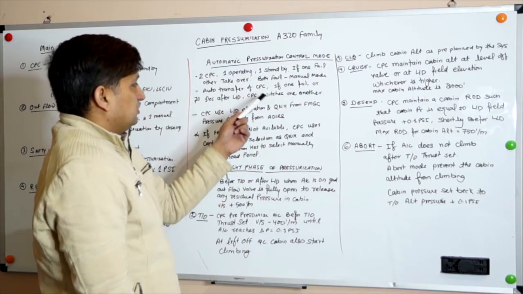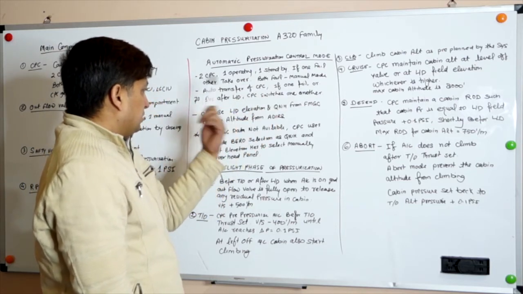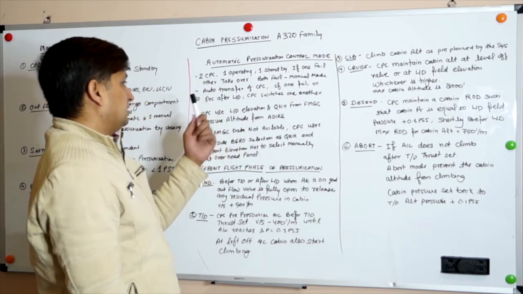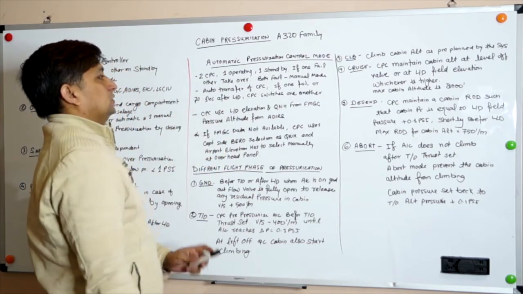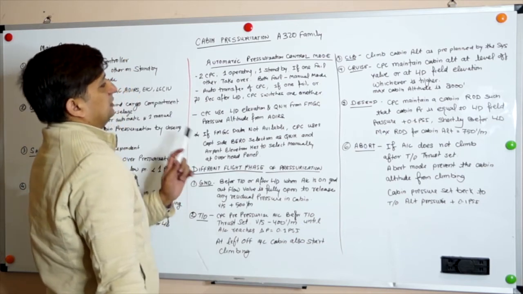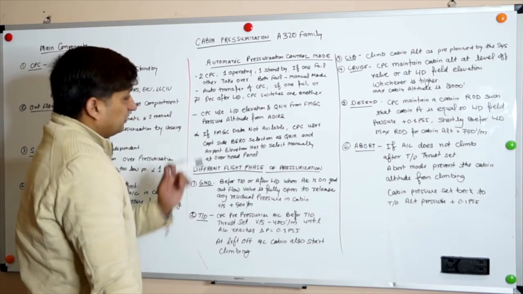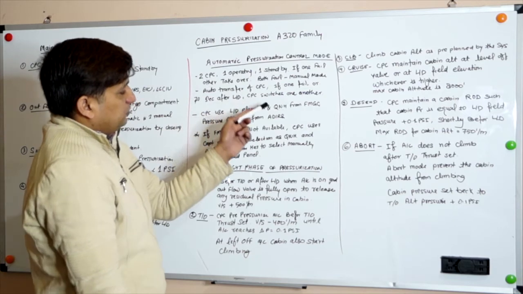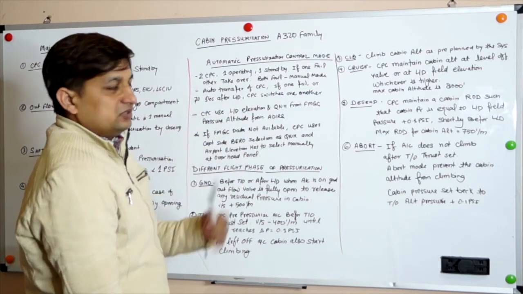And auto transfer of the CPC: if one fails, it can auto transfer to the second, or in the other case, if both are serviceable, then 70 seconds after landing the CPC will switch from one to the other.